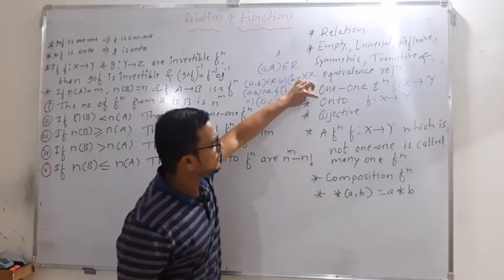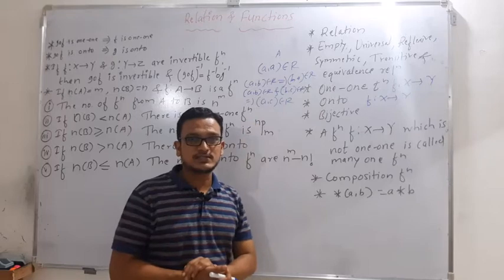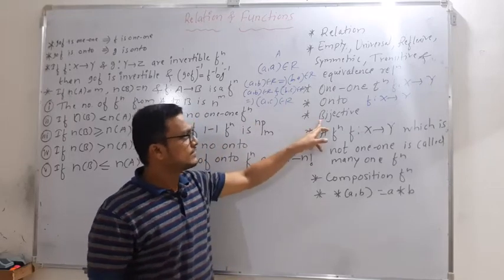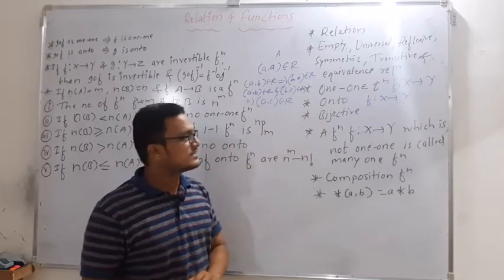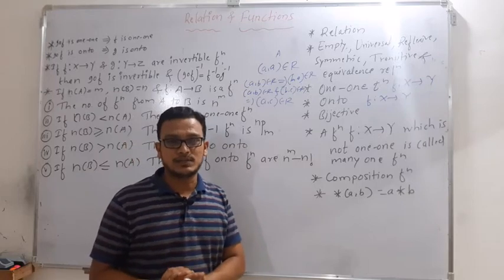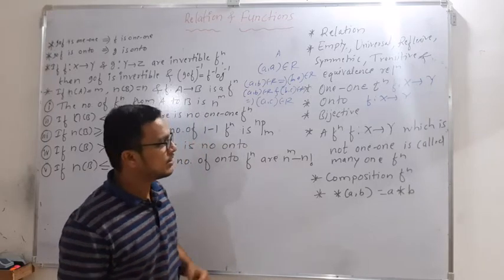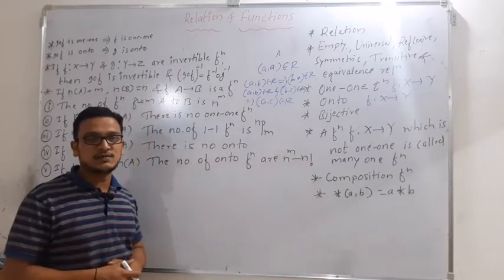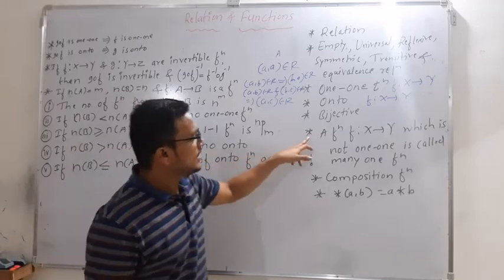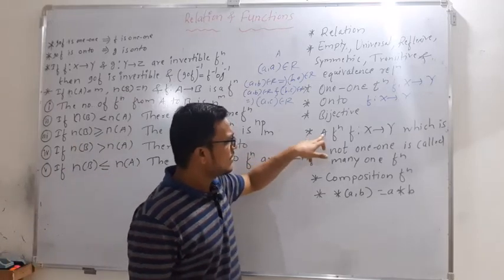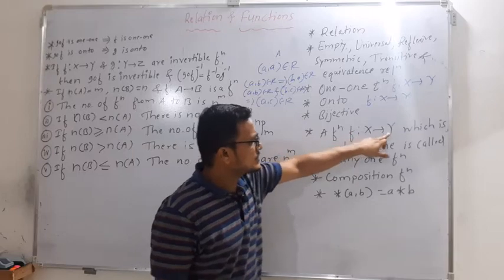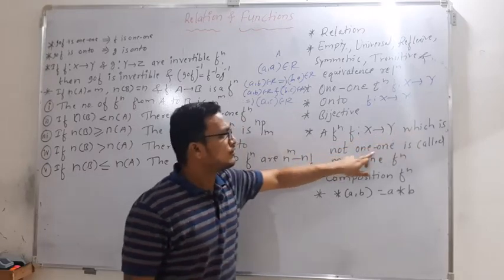When the function is one-one and onto, it is called bijective. Whenever the function is bijective, we can say that the function is invertible, or the inverse exists.